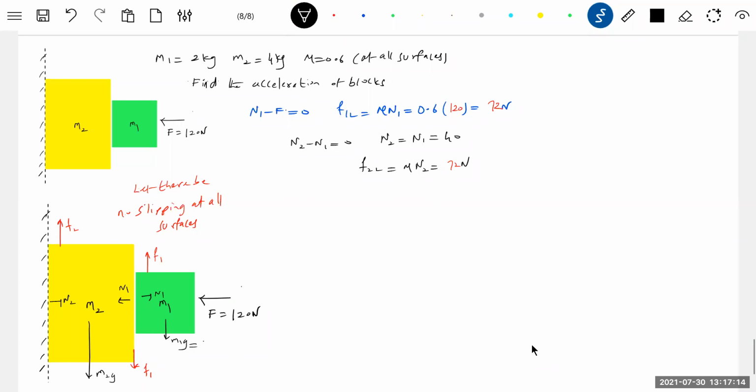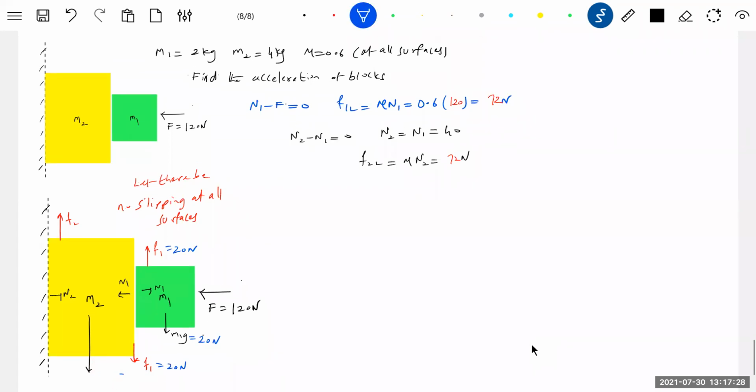M1G is how much? M1G will be just mere 20 Newton. So how much this will take? 20 Newton. This will be 20 Newton, this will be 40 Newton. Forty, 20, and this can be 60.